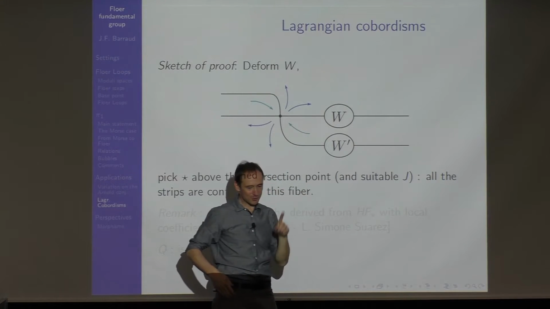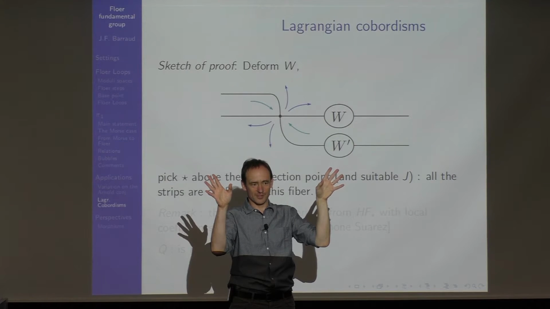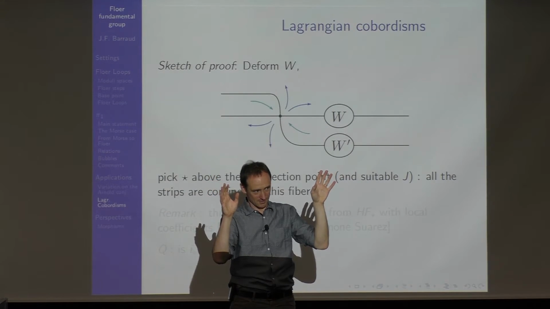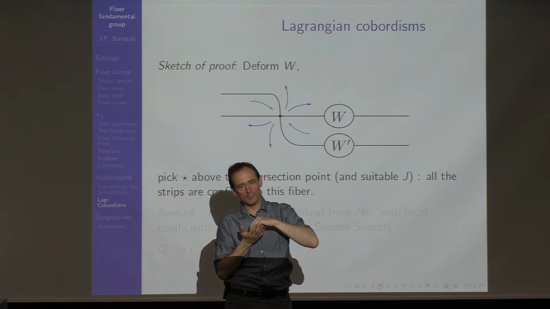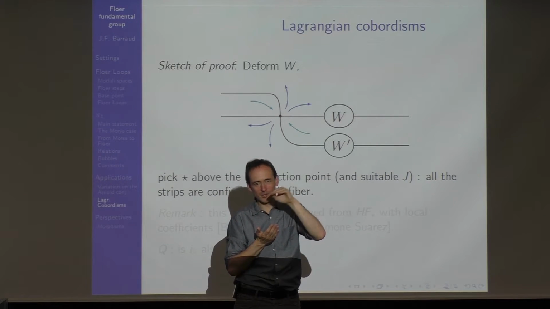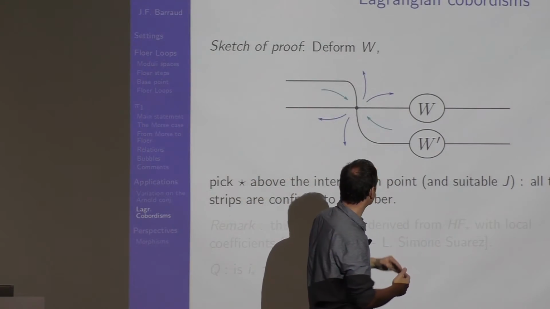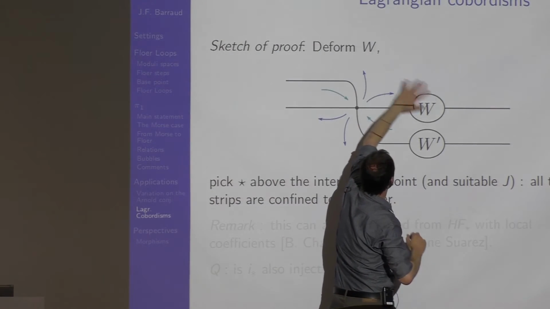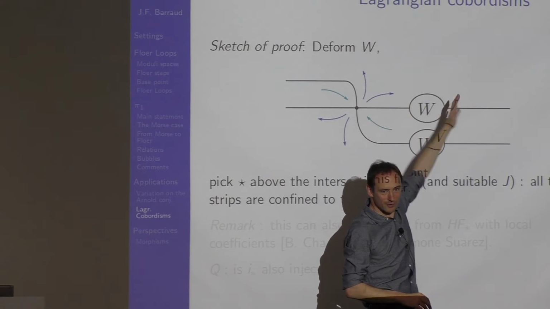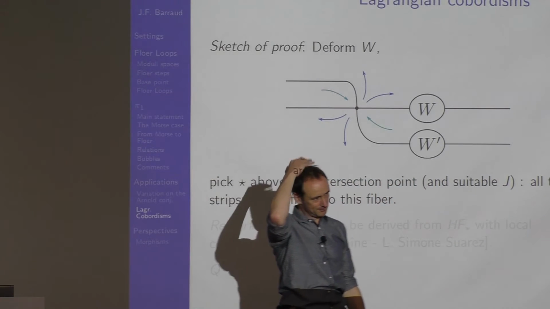Of course, I'm not using holomorphic strips with boundary on L0 and L1, but I'm using a moving boundary condition. So this moving boundary condition could draw a bound that I don't see. But in fact, because I use a homotopy in this direction and in that direction, here there is no moving. The moving boundary condition cannot stop my strip. Okay?